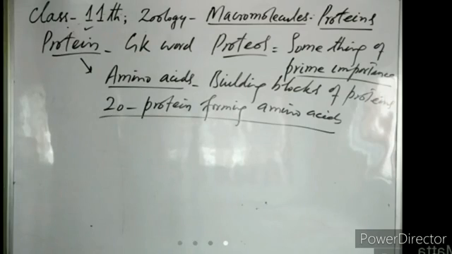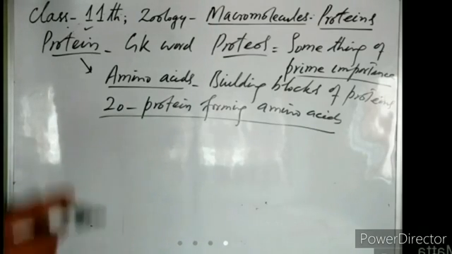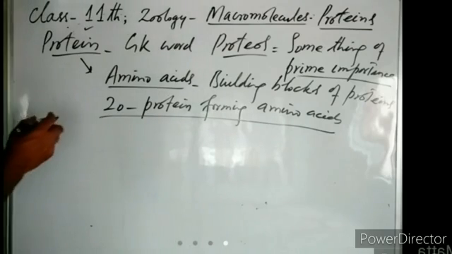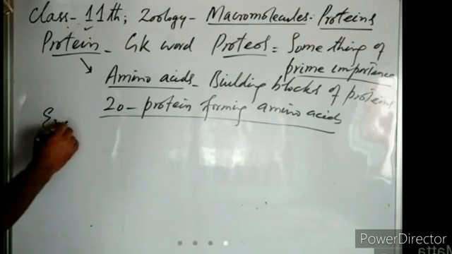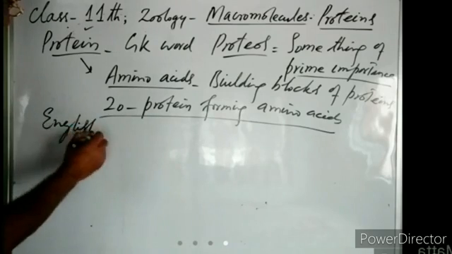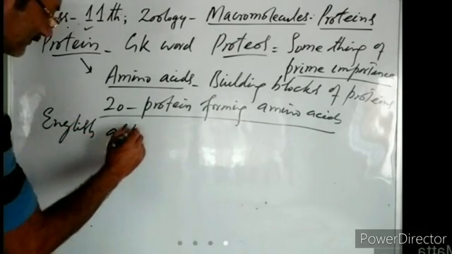So these 20 amino acids act as the letters of the English alphabet. How many letters are there in the English alphabet?